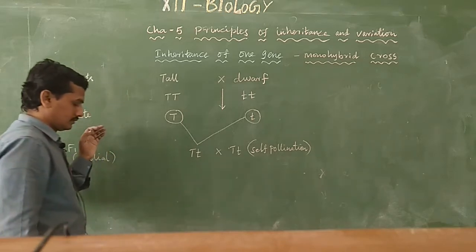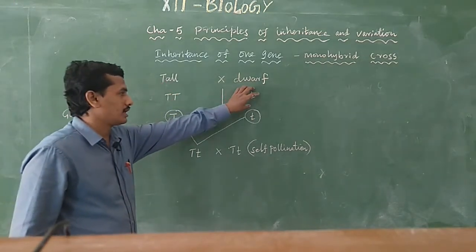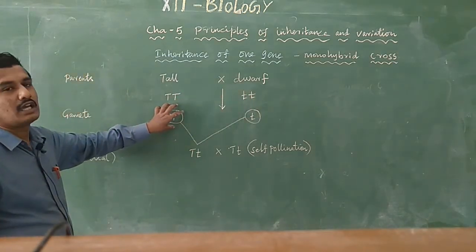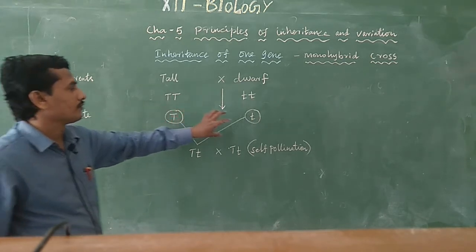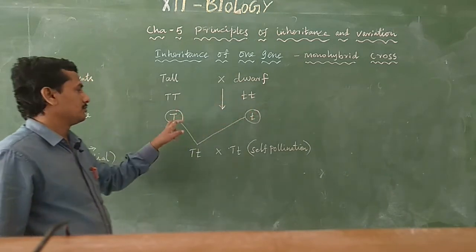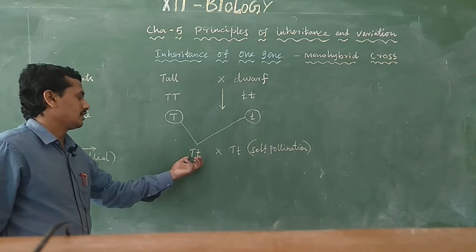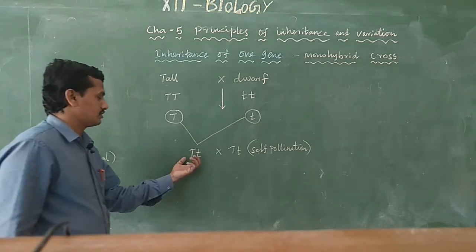Mendel took tall pea plants in one field and dwarf pea plants in another field. From the tall pea plant, Mendel took the male gamete, and the dwarf pea plant was used for the female gamete. The male and female gametes fuse in fertilization, and the F1 generation is produced.